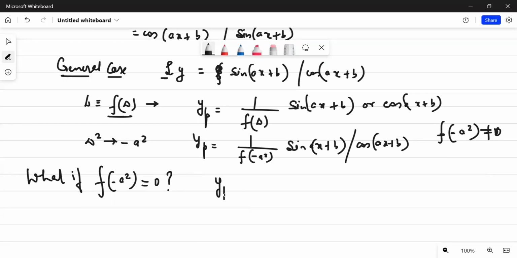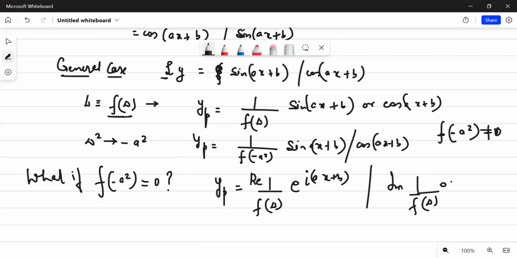You can find the particular integral by simply doing 1 upon f(D) times e to the power iota(ax + b), taking the real part for cosine and the imaginary part for sine(ax + b). Even when f of minus a square is non-zero, you can do this for the above cases also, but there it is more convenient to just replace D square by minus a square.